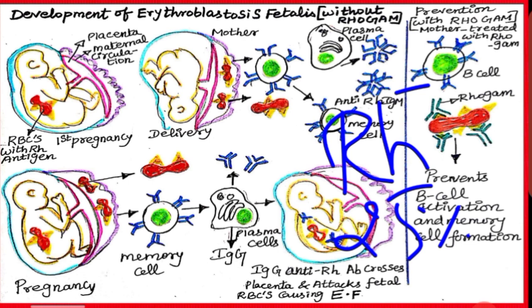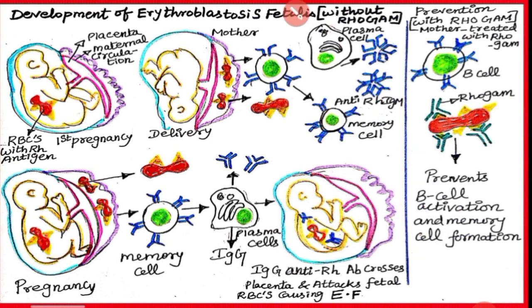This can be prevented with ROGAM. How can we prevent this? ROGAM is actually an anti-Rh antibody. Before the mother's immune cells produce antibodies, what will happen?